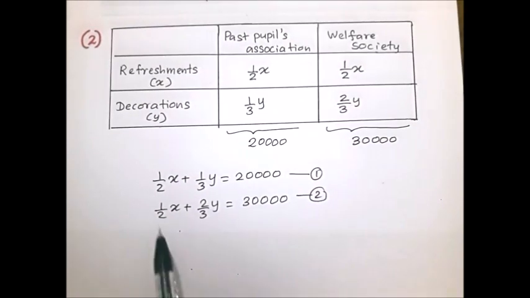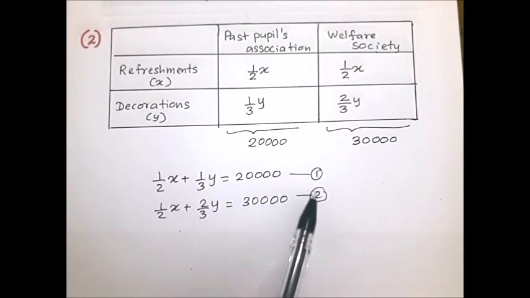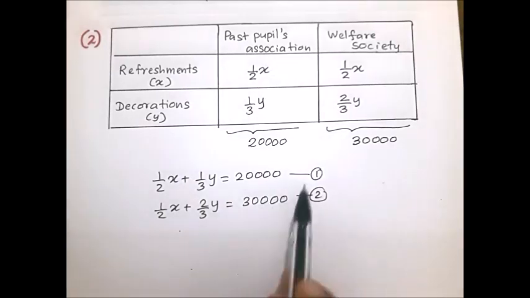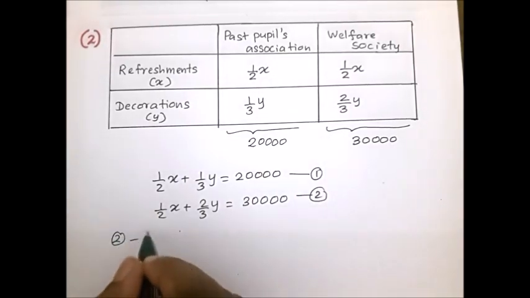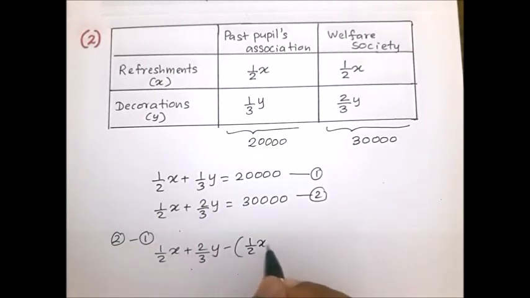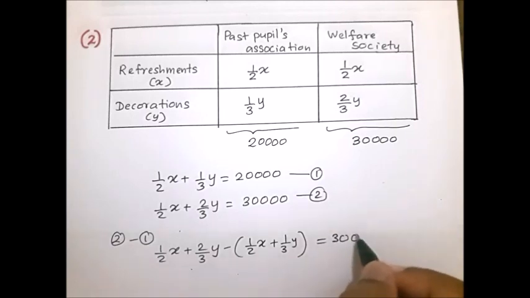Here you can see coefficients of X are equal. So by subtracting these two equations you can cancel X. I am going to subtract smaller equation from larger one. So write 2 minus 1. Subtract left hand sides. Half X plus 2/3 Y minus, put brackets here, then subtract right hand side.